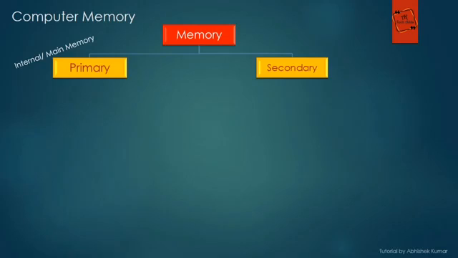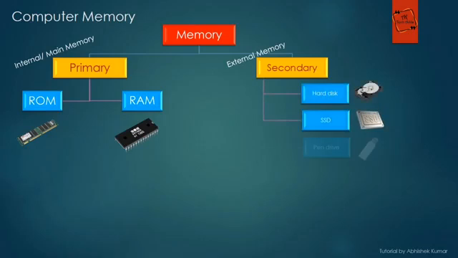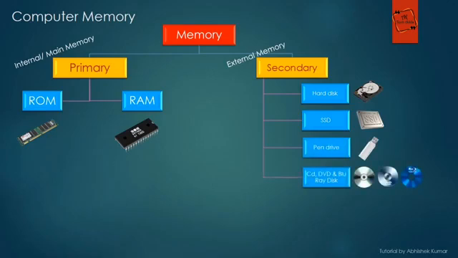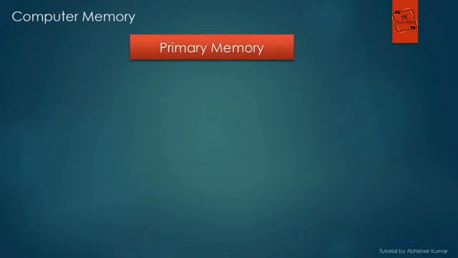It is of two types, RAM and ROM, whereas secondary memory is also known as external memory, and that stores the information or any data permanently. It has also so many types like hard disk, SSD, pen drive, CD, DVD, Blu-ray disc, data card, cloud storage, and so on. Let's know about these devices individually.